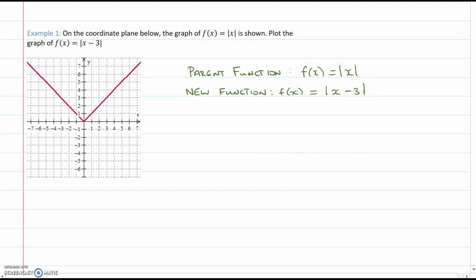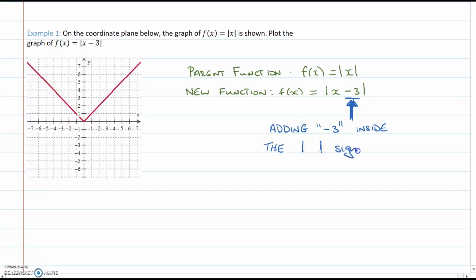The change here is that we have this minus 3 inside the absolute value signs. So we're adding negative 3 inside the absolute value signs.